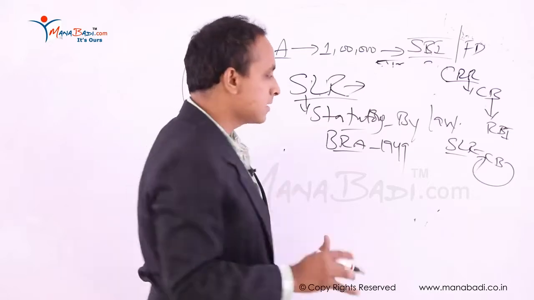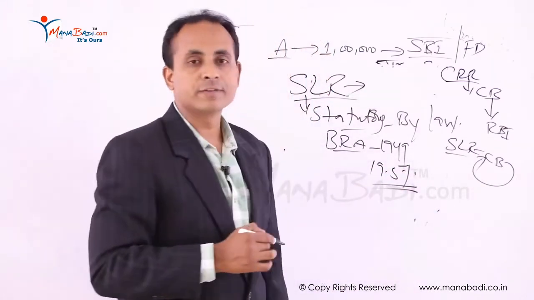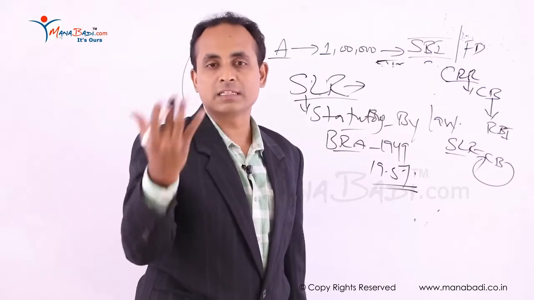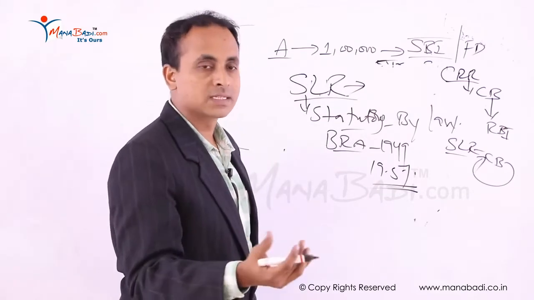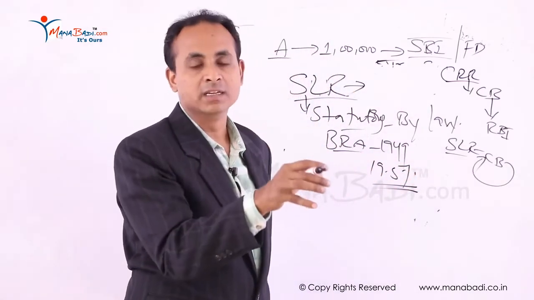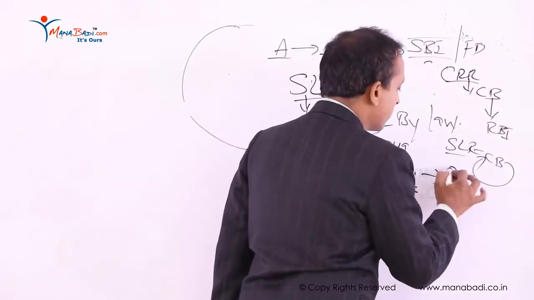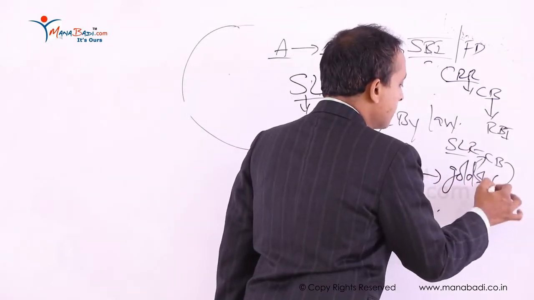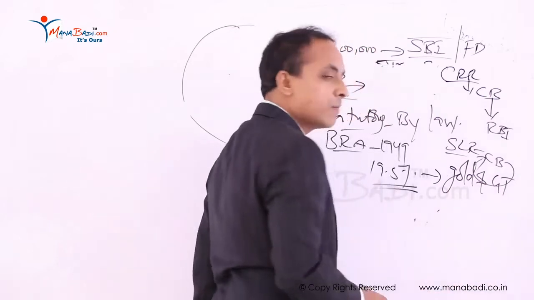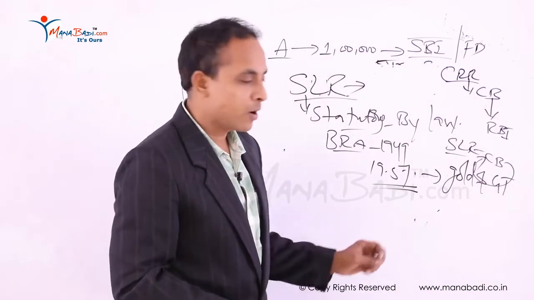Understand? So SLR right now is 19.5%. It means that out of its total deposits, out of its net deposits, 19.5% should be kept by a bank with itself in the form of gold and government securities, that is government treasury bills or any securities. Clear, all of you? This is very important.